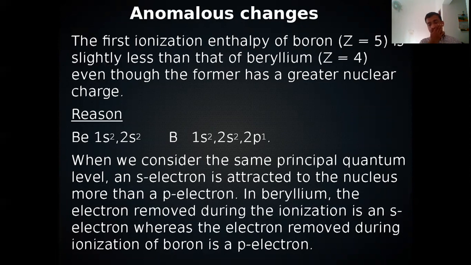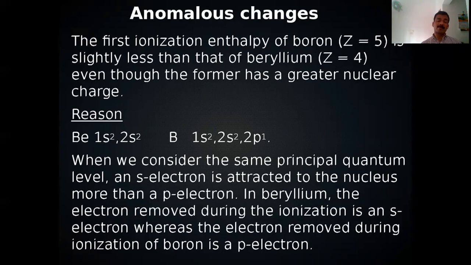So here, it is easy to remove an electron from boron as compared to beryllium. When we consider the same principal energy level, an s electron is attracted to the nucleus more than a p electron. In beryllium, the electron removed during ionization is an s electron, whereas the electron removed during ionization of boron is a p electron. That is another reason.